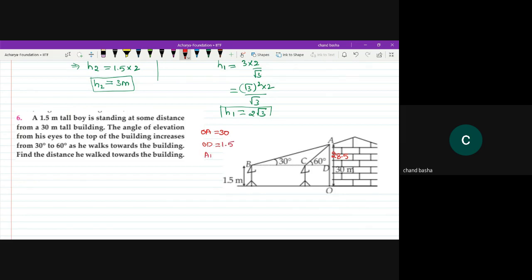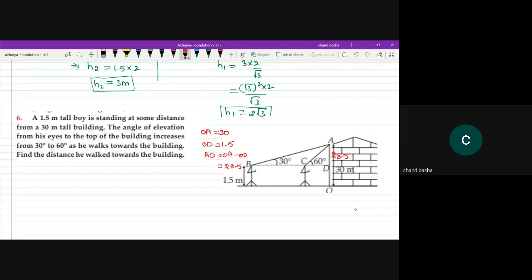AD is equal to OA minus OD. This is equal to 28.5. Now we can get the CD value. Let's find out the CD value first. And even if you want, you can find out BD also. Opposite side is given to you, BD and then CD. That's it. Simple tools that we are going to observe here. Clear?